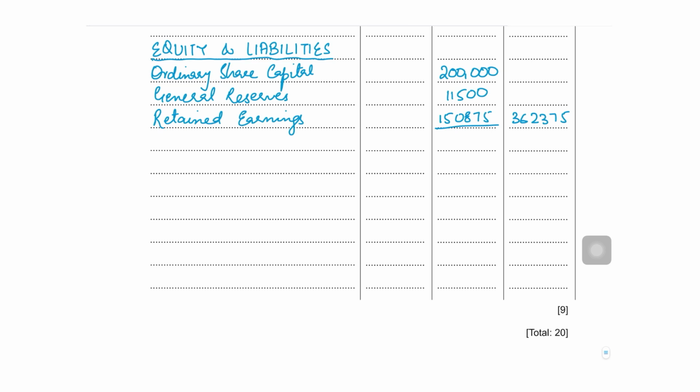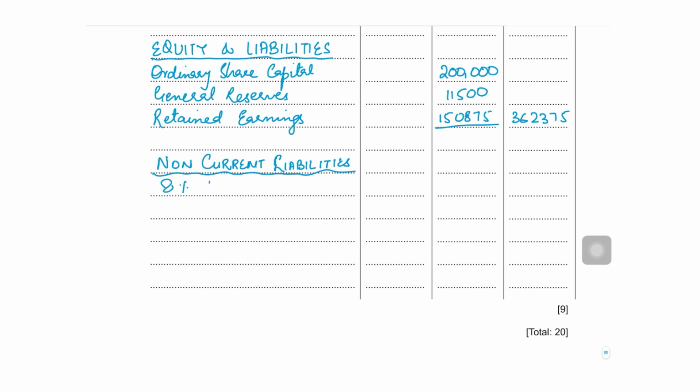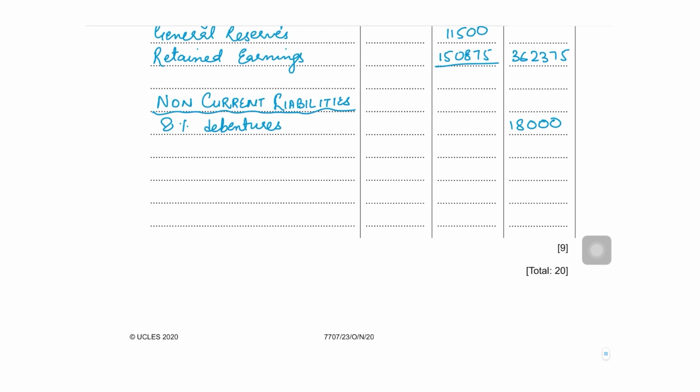Then the non-current liabilities. In this question we have 8% debentures, so we will write non-current liabilities, 8% debentures, amounting to 18,000. That we can write in the last column because that is the only non-current liability in the question.